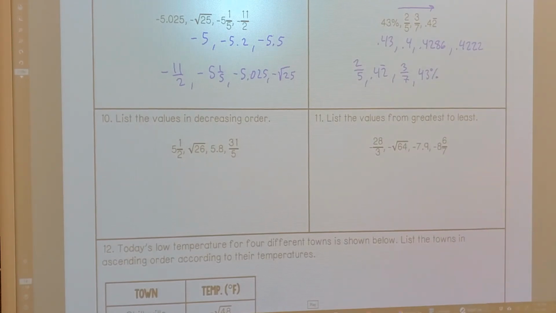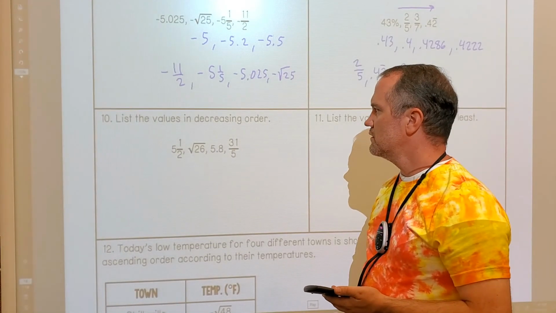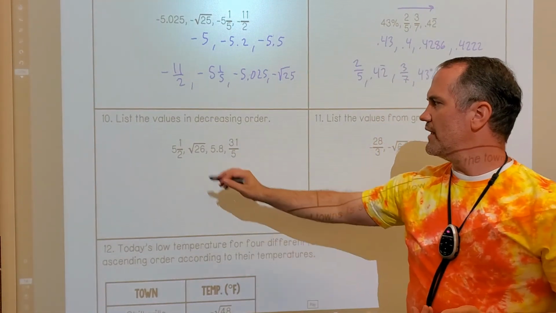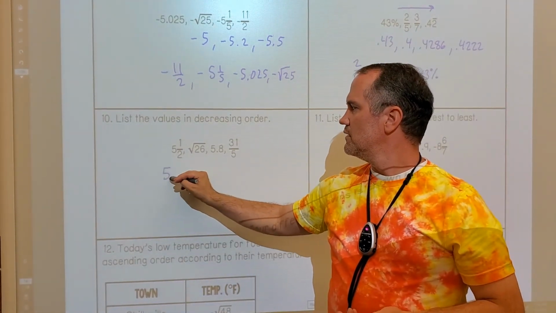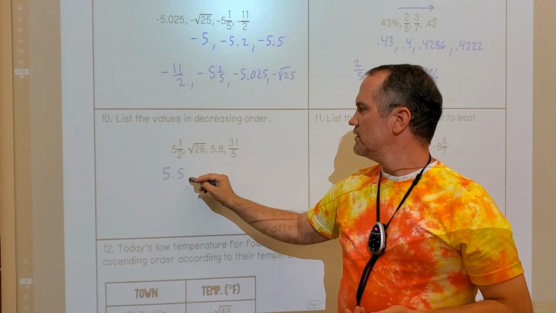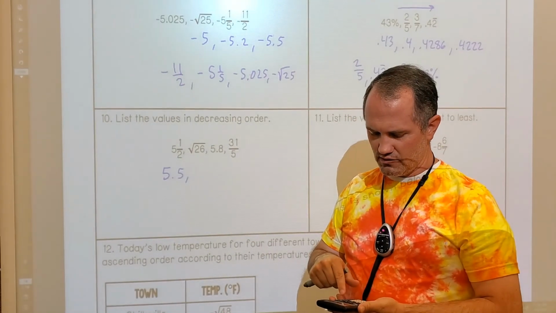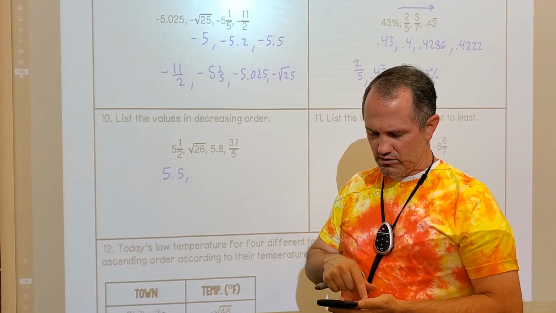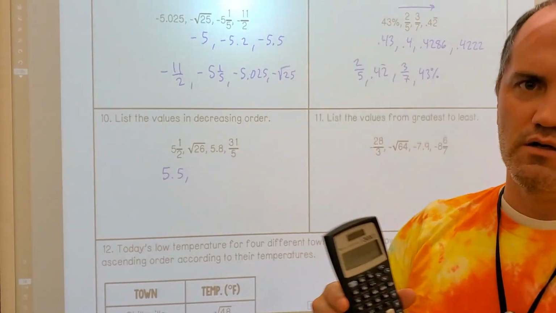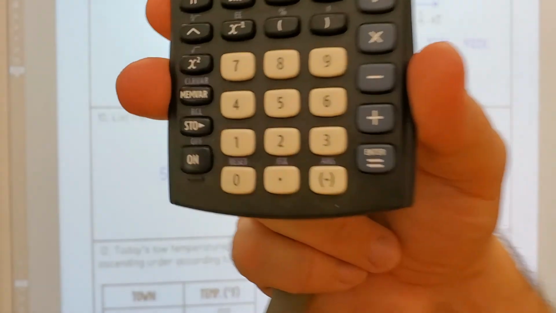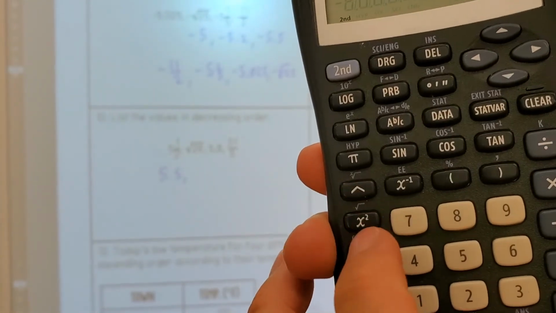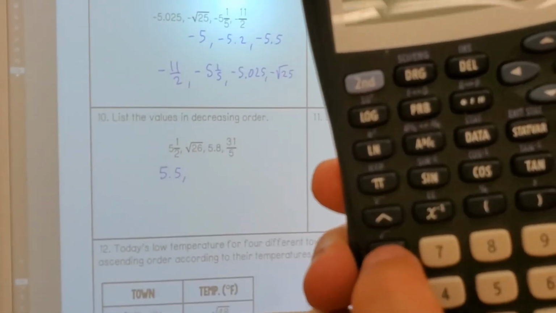Alright, decreasing order, that means going from biggest to smallest. So that would be 5.5, square root of 26. Pull out the calculator just to get a good accurate answer. It doesn't always have a square root button, and a lot of times it's above the square button.